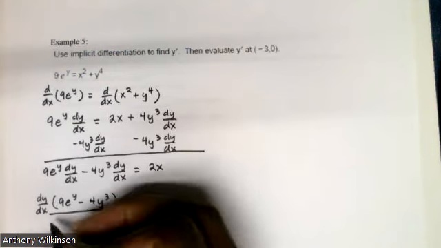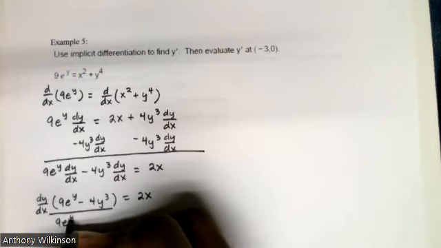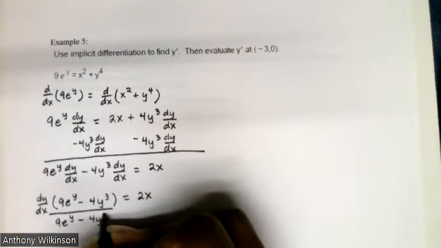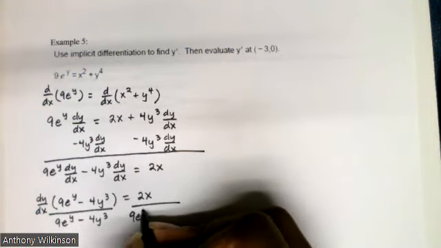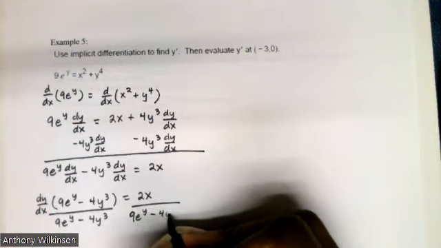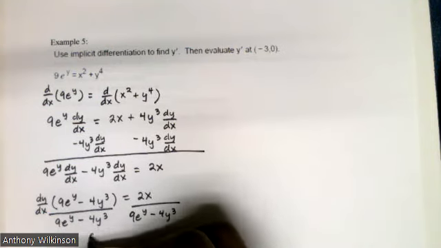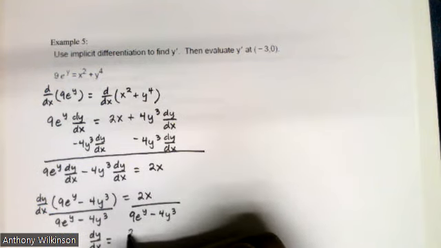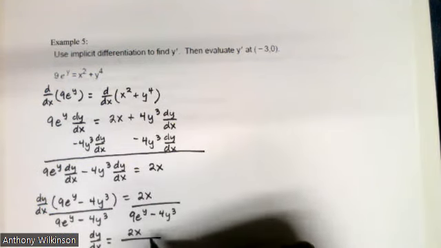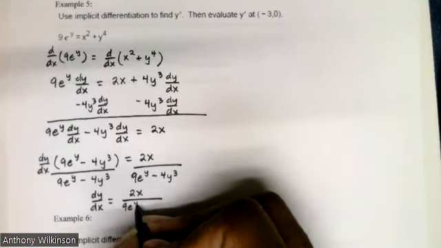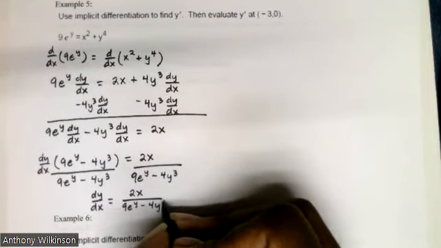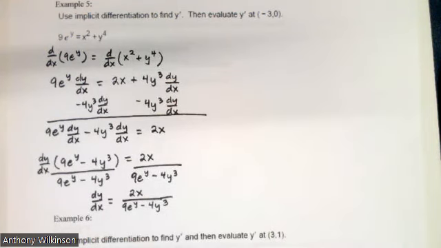And then I'll divide both sides by 9e to the y minus 4y cubed. So I'm left with dy dx equaling 2x divided by 9e to the y minus 4y cubed.